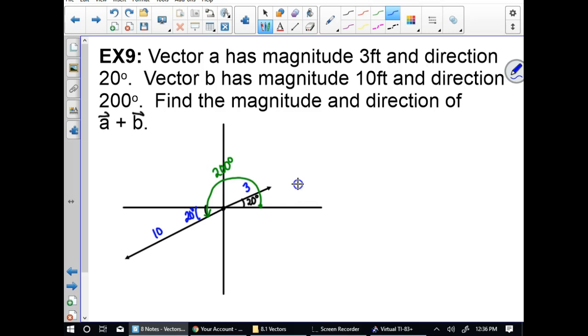So if your forces are opposite each other, you're just going to subtract them. So 10 feet minus 3 feet gives you 7 feet. That's the magnitude of your vector. And it's going to go in the direction of whichever vector is longer. So that's going to be the 200 degree direction.